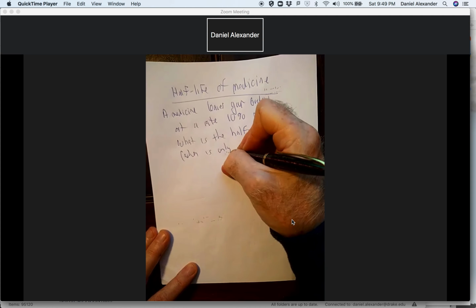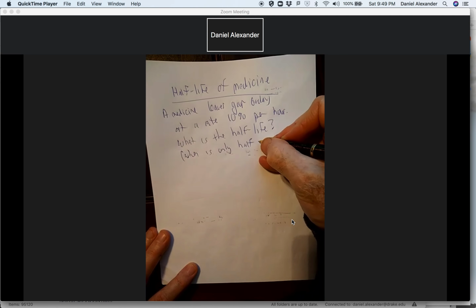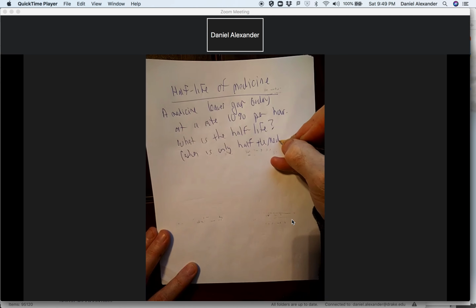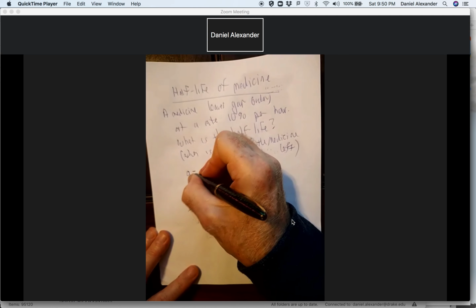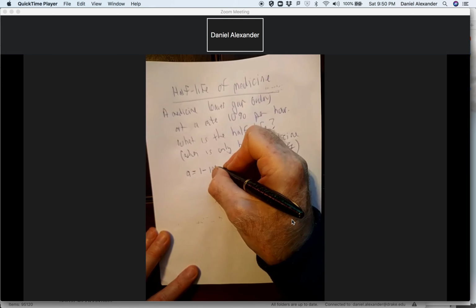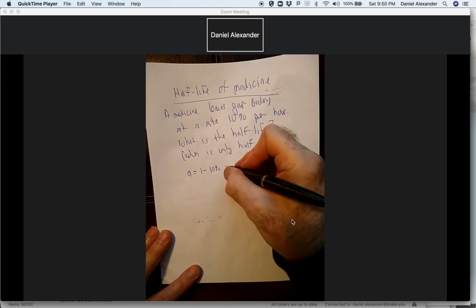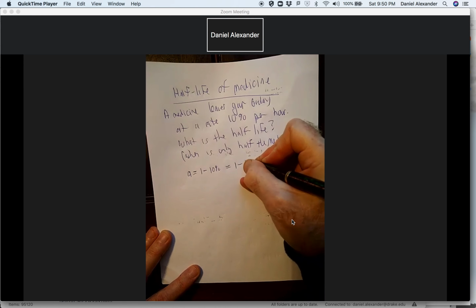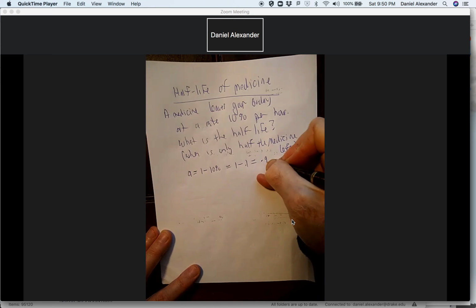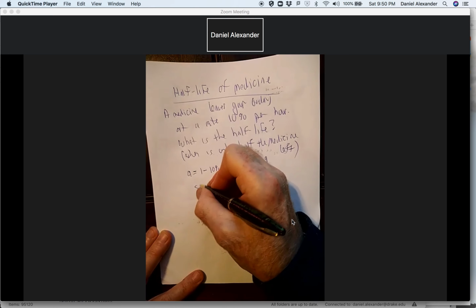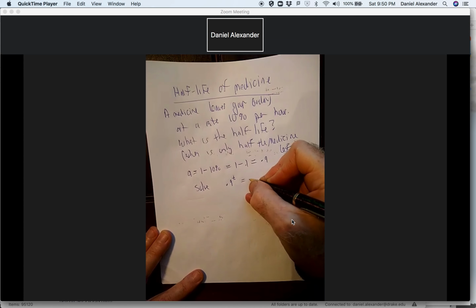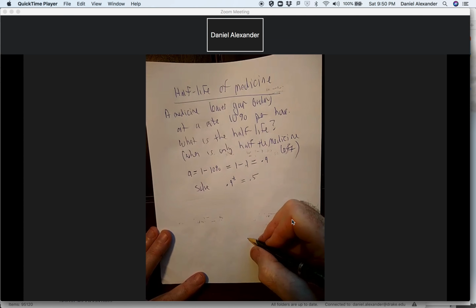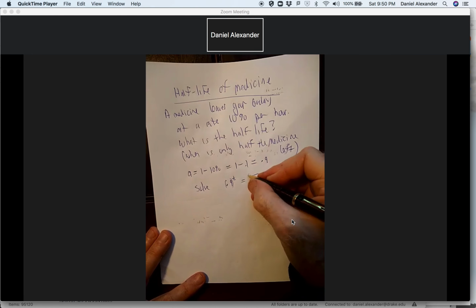So when is only half the medicine remaining? Okay, so again, we know how to figure that out. A is going to be 1 minus 10%. It's going to be 1 minus 0.1, which is going to be 0.9. So we need to solve 0.9 to the t equaling 0.5, 1/2.